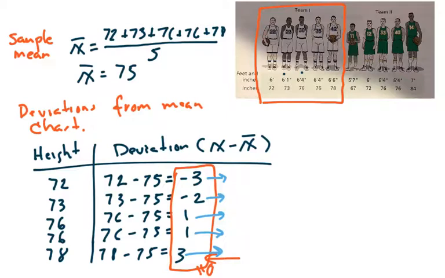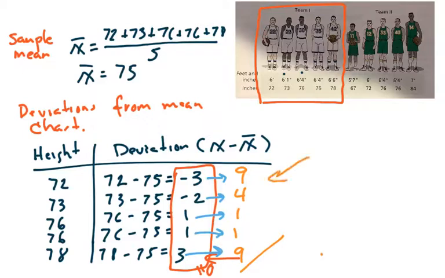So negative 3, I'll write these in orange. Negative 3 squared is 9. Negative 2 squared is 4. 1 squared is 1. 1 squared is 1. 3 squared is 9, okay? So now we can add all these up. Actually, I should have put another column.